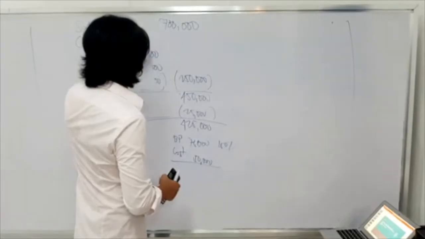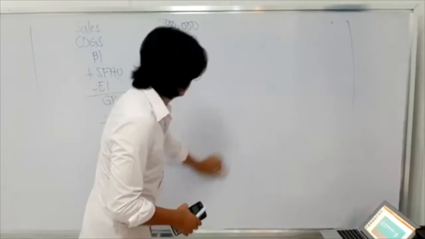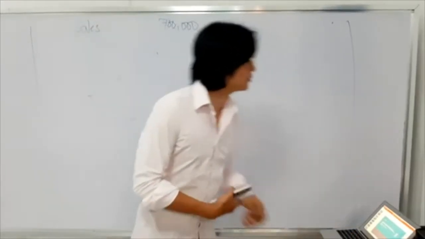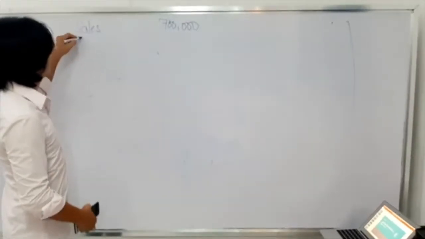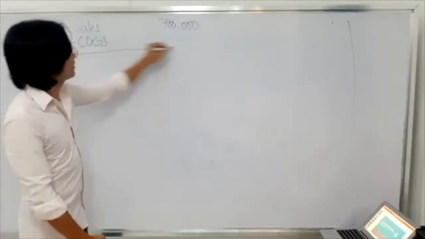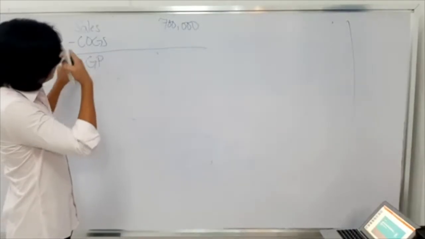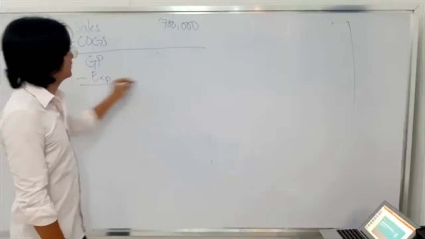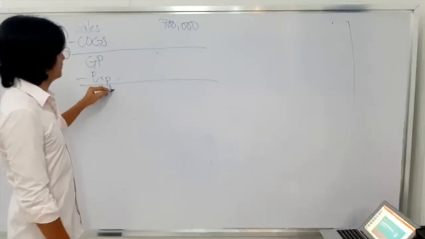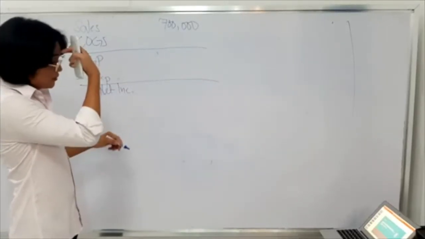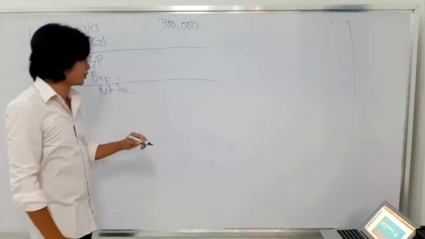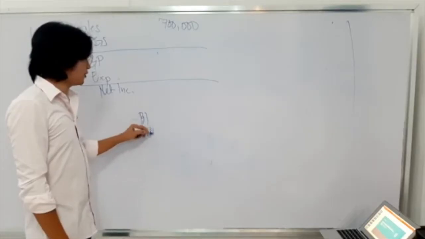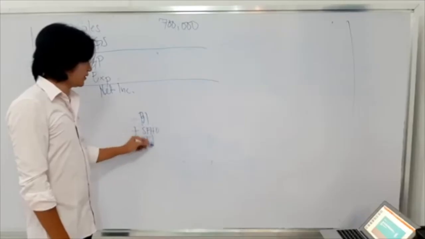So we will have this. For method number 3, you have sales minus cost of goods sold. That gives us our gross profit minus expenses. We have our net income. Okay, so first we go to cost of goods sold. So we start with beginning inventory plus shipments from home office less ending inventory.